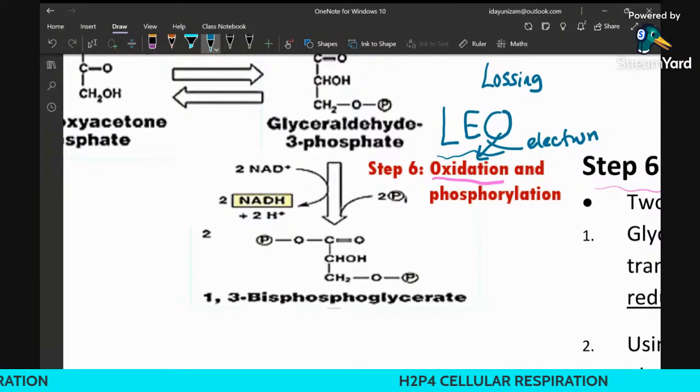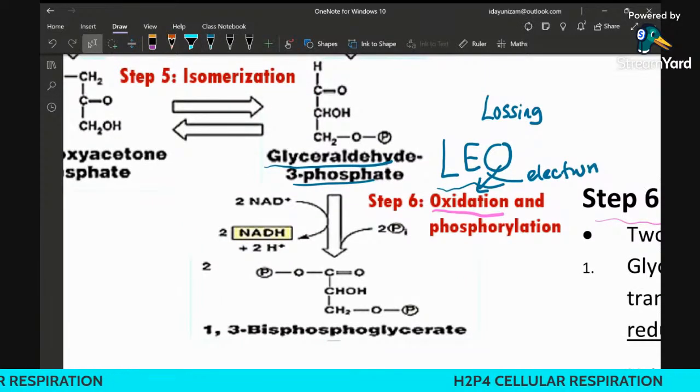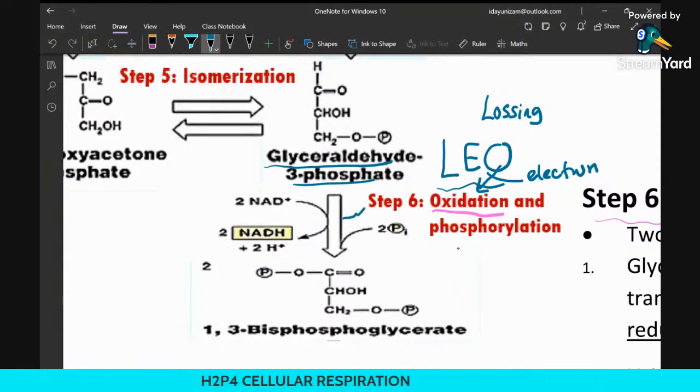So when we mention oxidation, this G3P, glyceraldehyde 3-phosphate, is losing its electron. The glyceraldehyde 3-phosphate removes electrons.